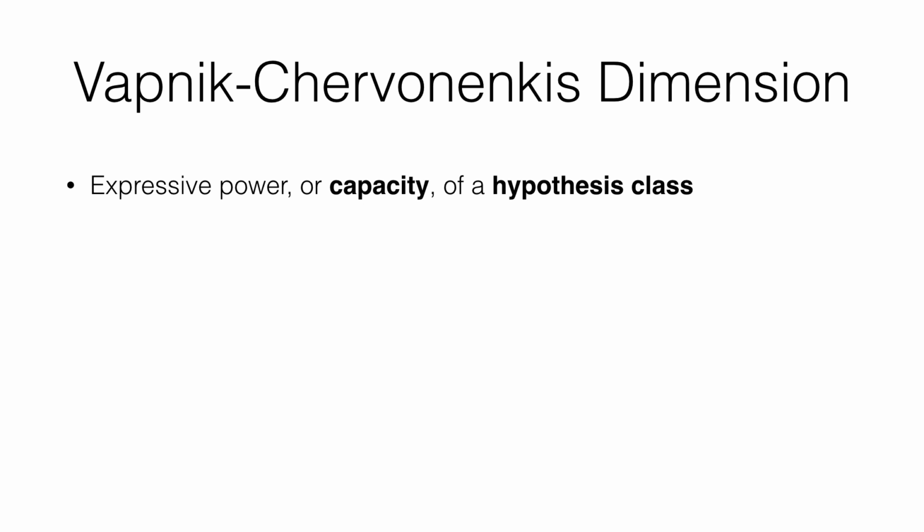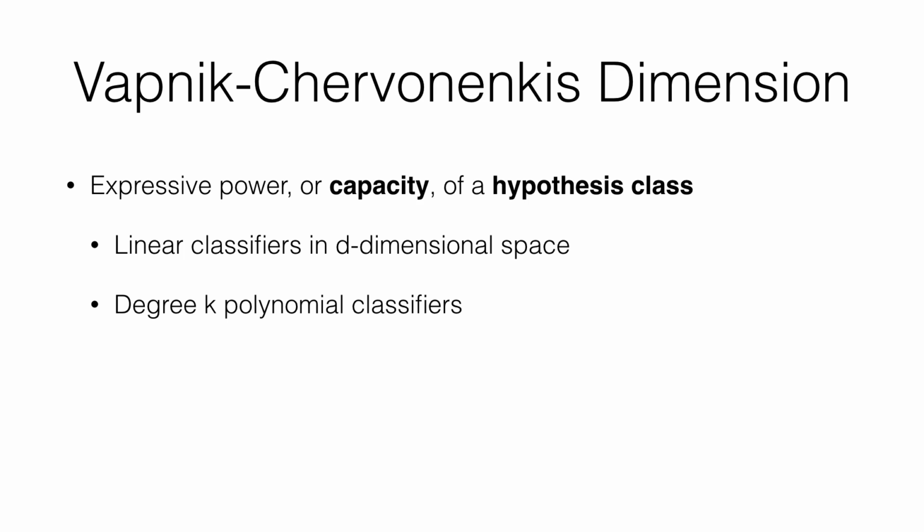So there's a few words to unpack here. A hypothesis class is a class of predictors. For example, one possible class is linear classifiers in d-dimensional space. That's one type of hypothesis class. Another type would be degree k polynomial classifiers. And you can probably guess which of these is going to have higher capacity.